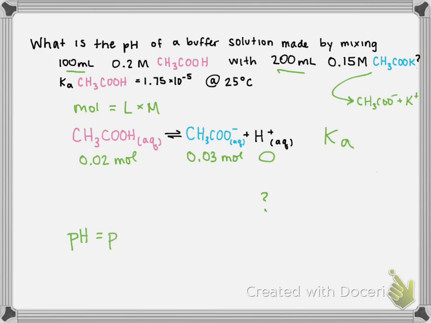So we're going to have pH equal to pKa plus the log of base. So we're going to have our acetate amount, so 0.03 divided by our acid amount, 0.02.